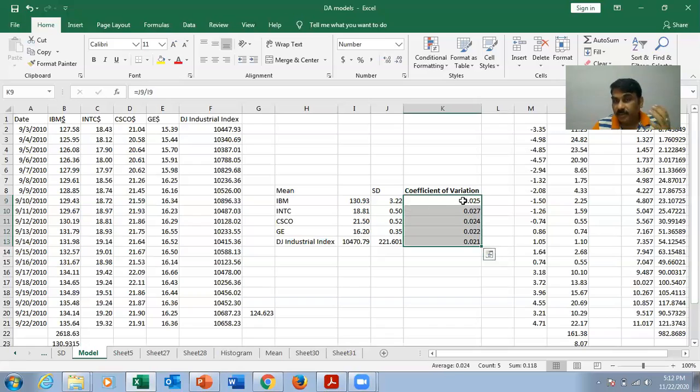So here we have got more specific values, and from these values you can easily interpret that the least variation is in the DJ industrial index. It means the companies under that particular index, the Dow Jones Industrial Index, are more effective.